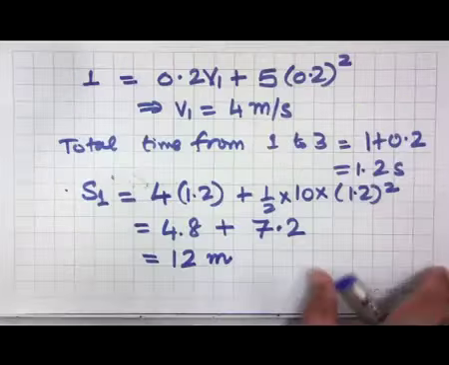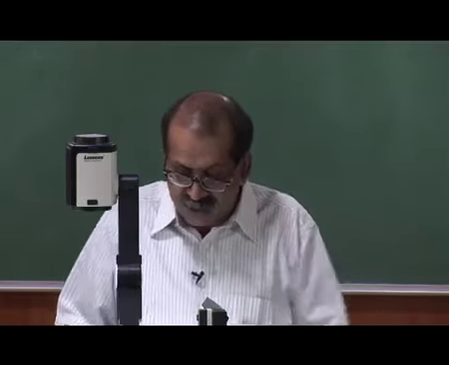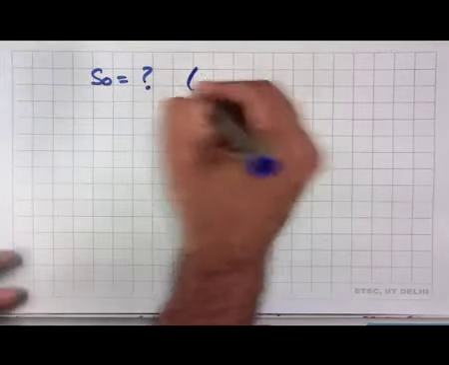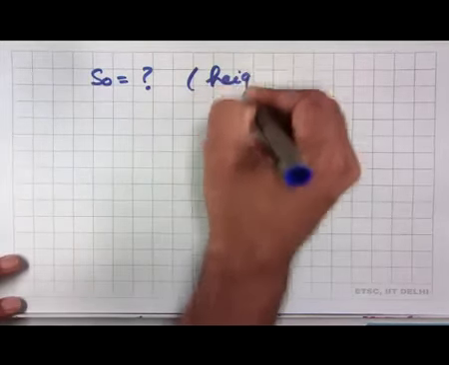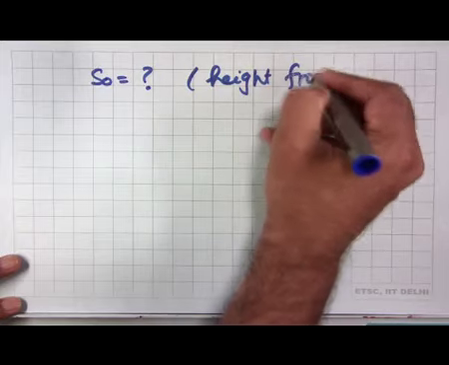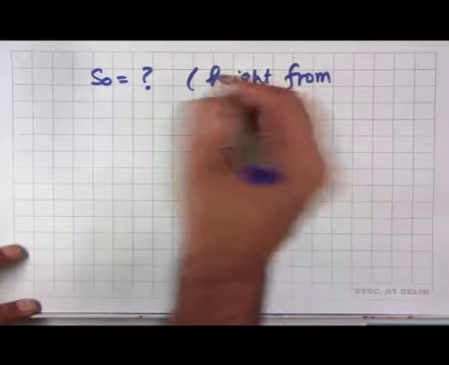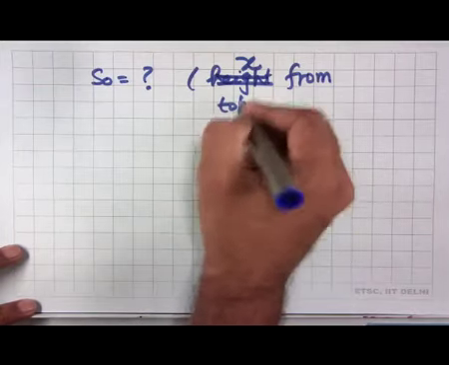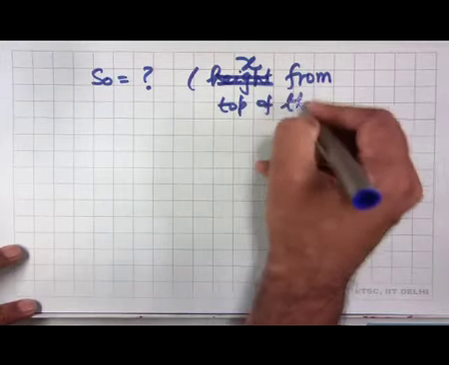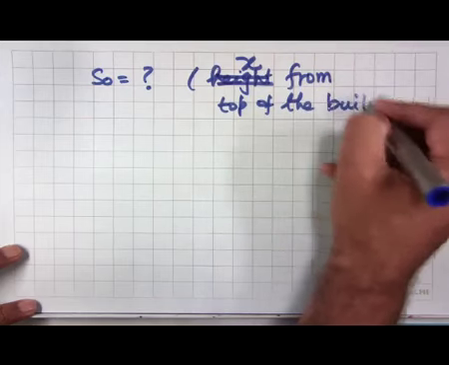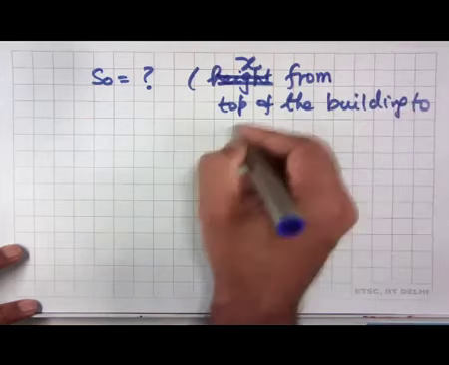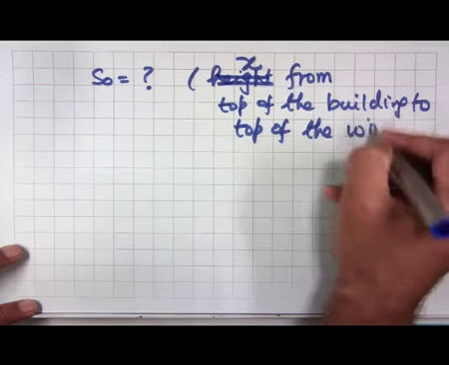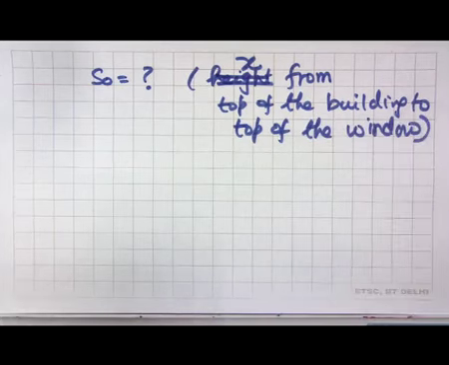So, therefore, we now move on to calculate S 0. This is the height or the distance, I should rather replace height by x, from top of the building to top of the window.